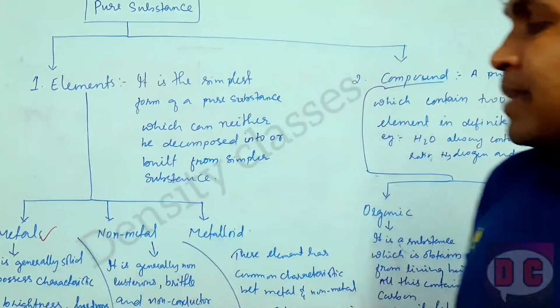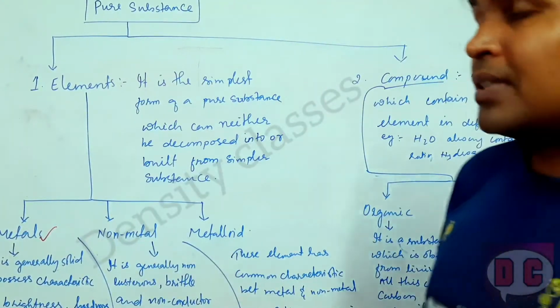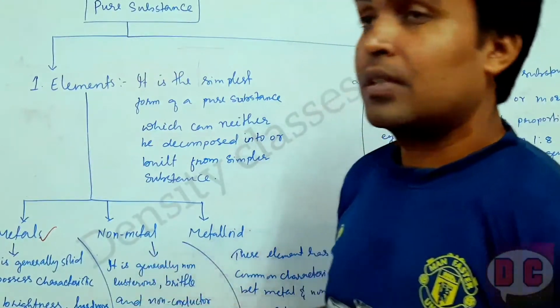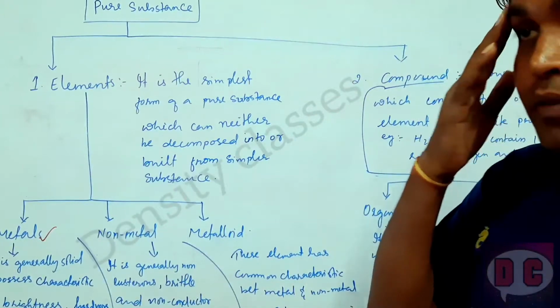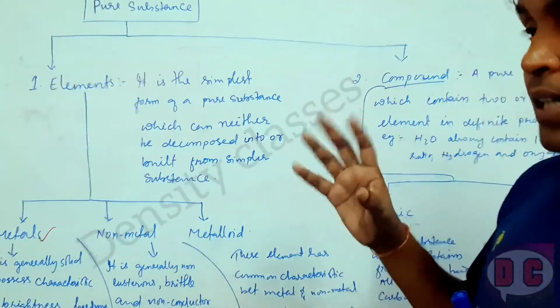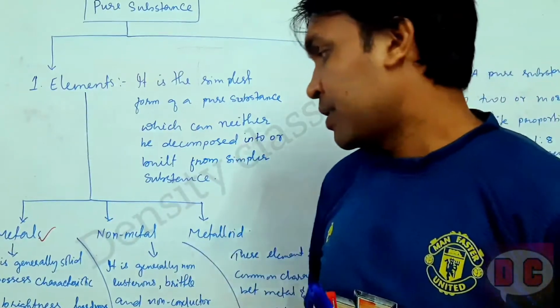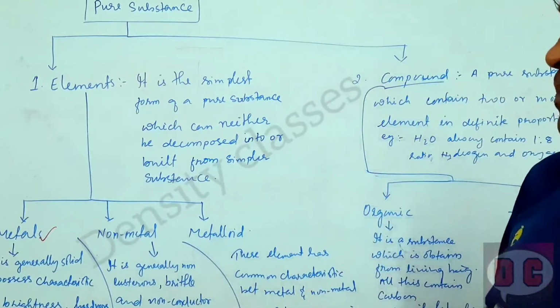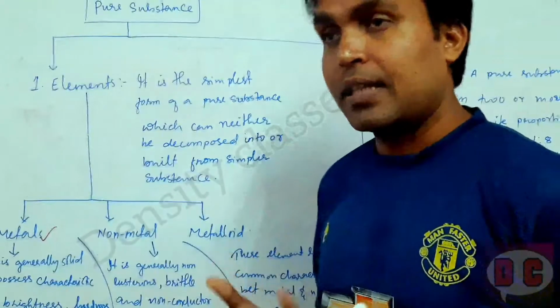So metal, what is metal? Metals are generally present in solid form. They possess characteristics like hardness and lustrousness, that is, brightness, and they conduct heat and electricity.